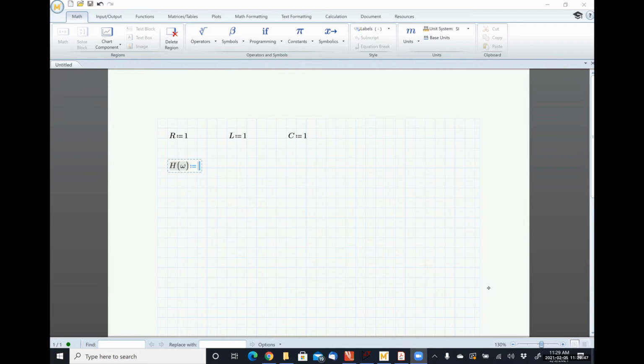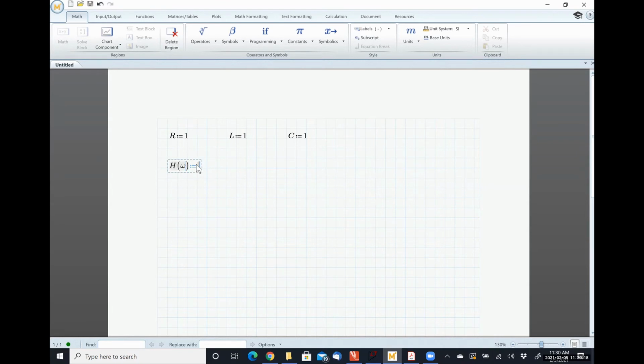So the question that I was just asked, for those of you who are interested: I typed H and then the letter W, and you can convert that letter to omega just by hitting Control G, which converts any Roman letter into its Greek equivalent.